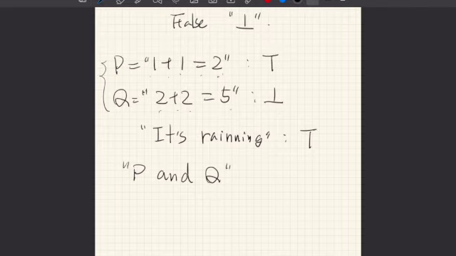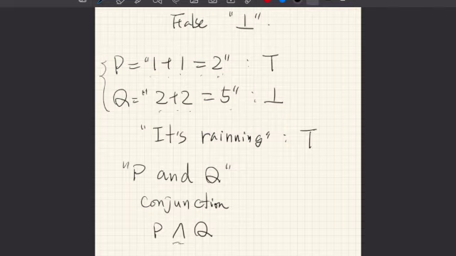And we call it conjunction, and write it as P and Q.